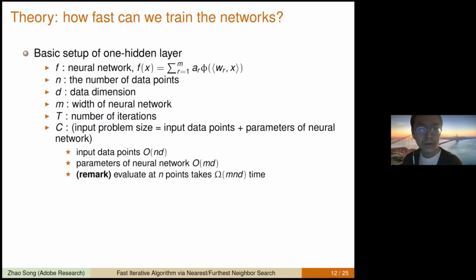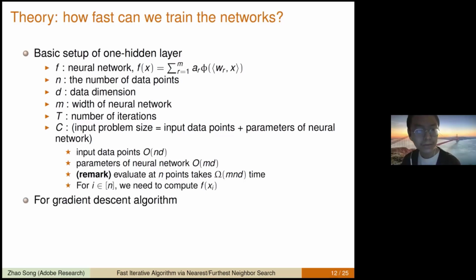As you can see from this basic calculation, the input size of this problem is nd plus md. However, one naive observation is that if you want to evaluate n points for this function, for every point you want to compute f(x_i), and it will take m times d time. To evaluate n points, you actually have to spend Omega(mnd) time.